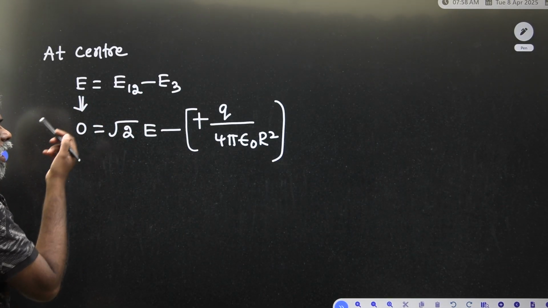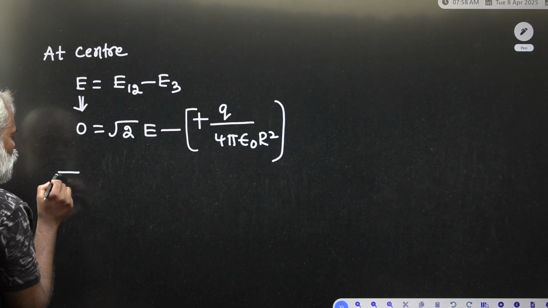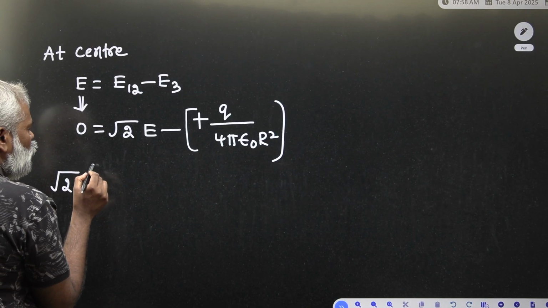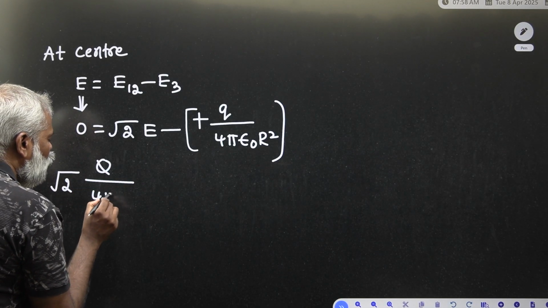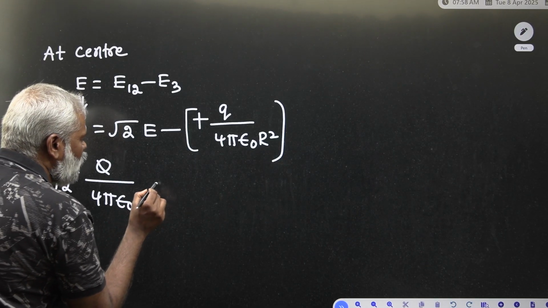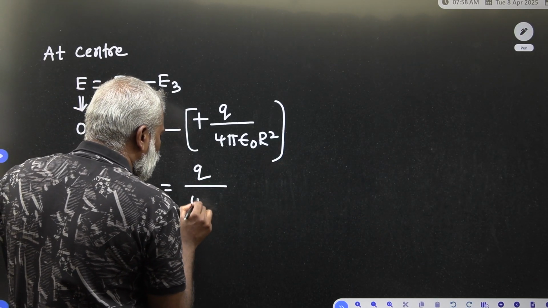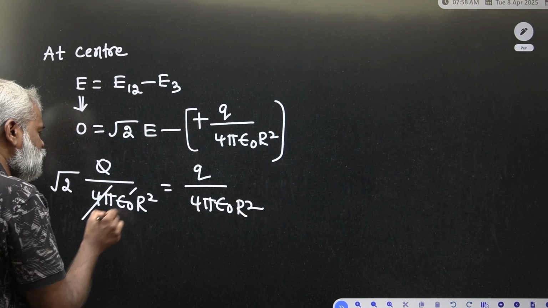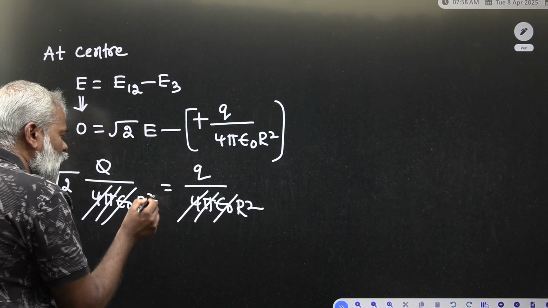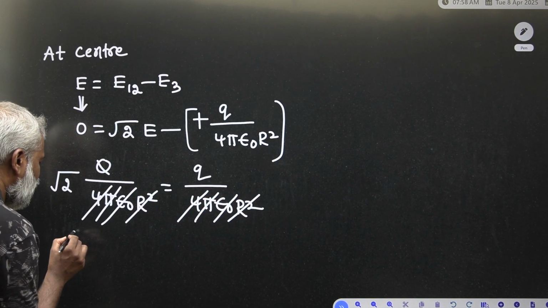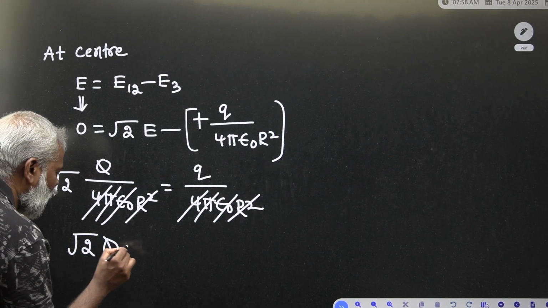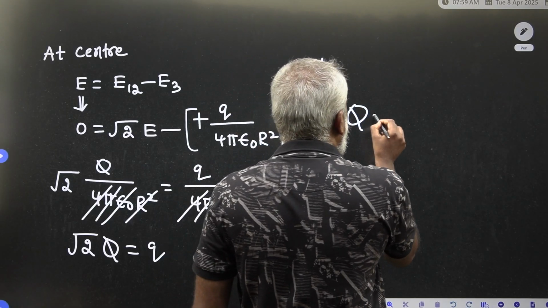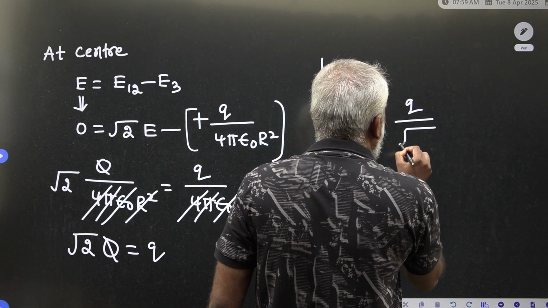So root 2 into E equals capital Q divided by 4 pi epsilon naught r square, which equals small q divided by 4 pi epsilon naught r square. The 4 pi epsilon naught r square get cancelled. Root 2 into capital Q is equal to small q, so capital Q is equal to q by root 2.